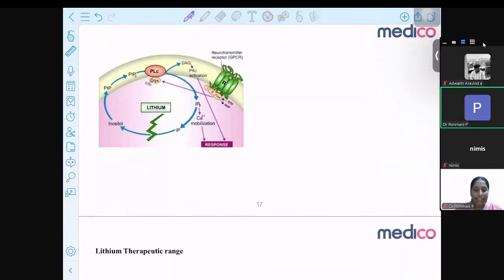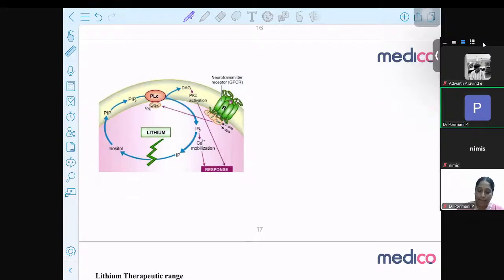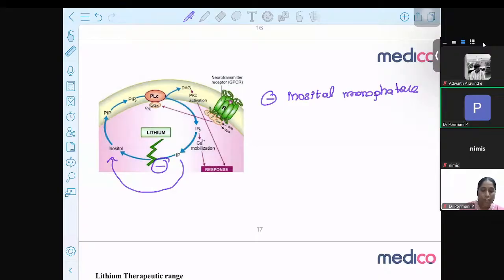So how is this lithium going to work? Lithium inhibits the enzyme inositol monophosphatase. And by inhibiting, what happens? It inhibits right at this site, so inositol monophosphate will not be converted into inositol.